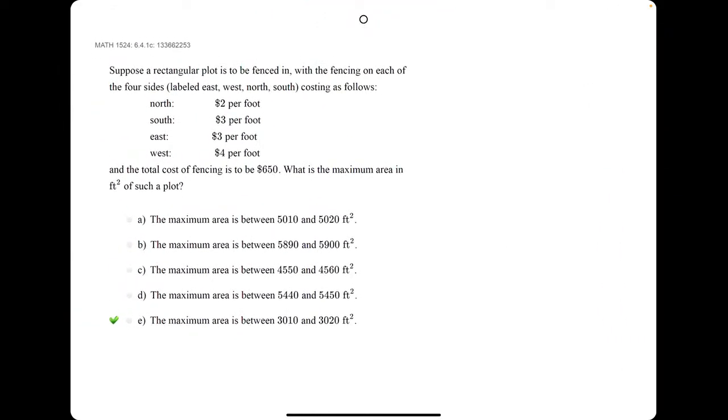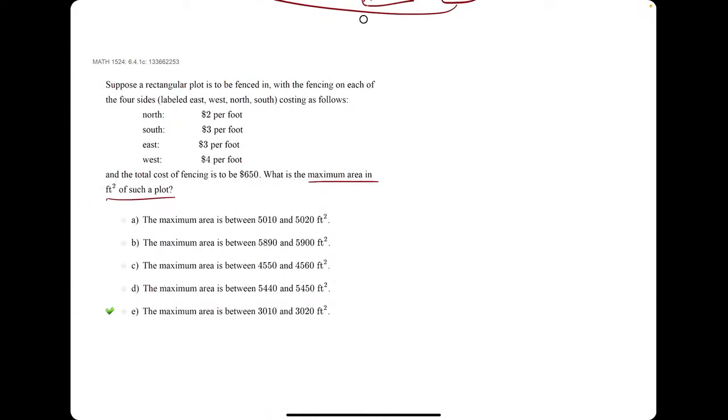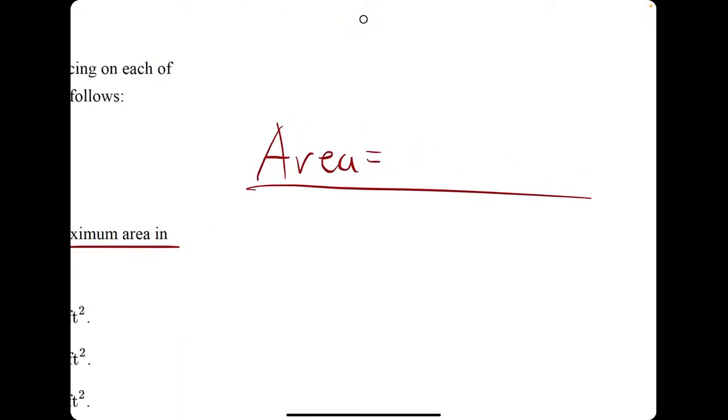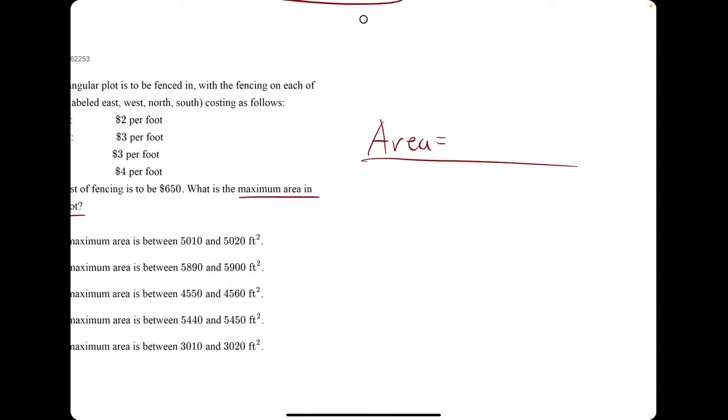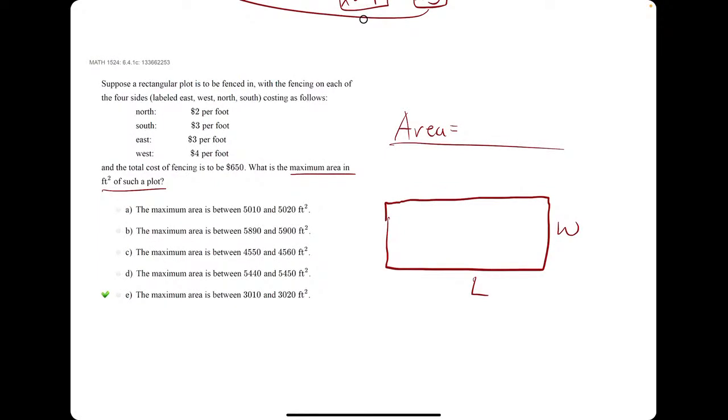The goal is to identify, so I always look at the last question they ask, max area. Whatever we're finding a max or minimum of, we always want to find the equation for that. In this case, because they're talking about a rectangular plot, area is always length times width.